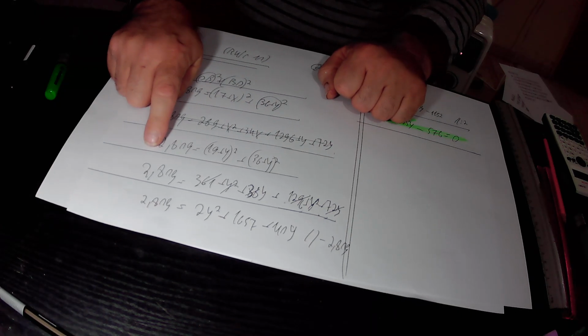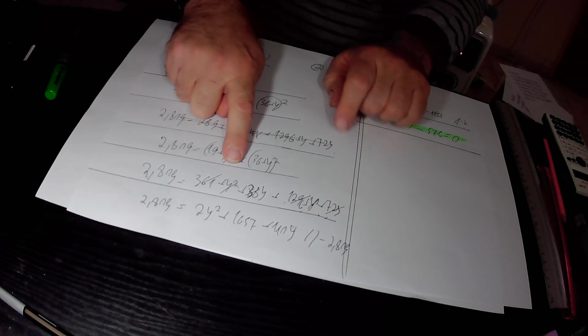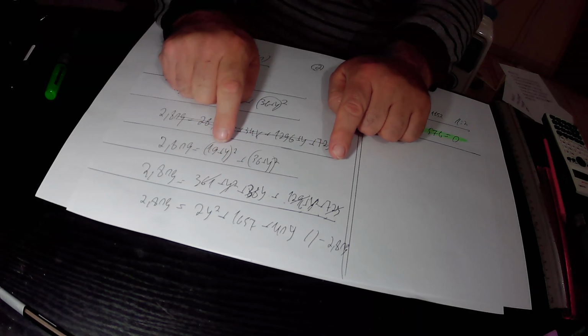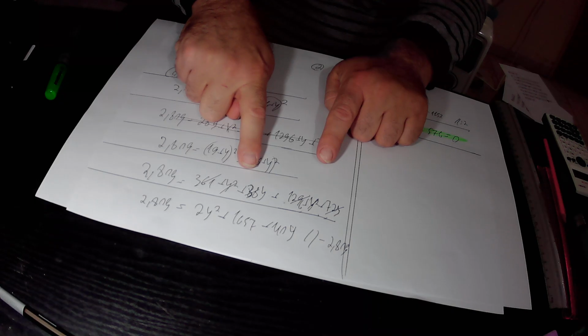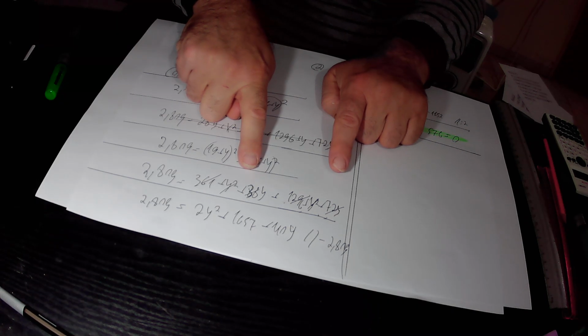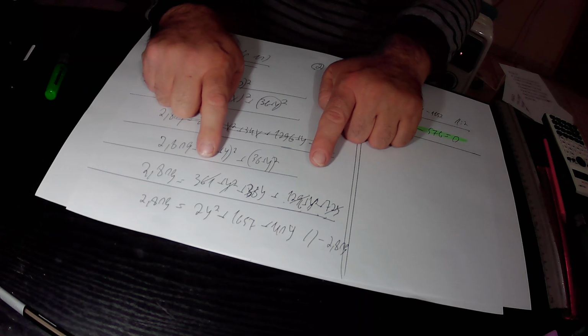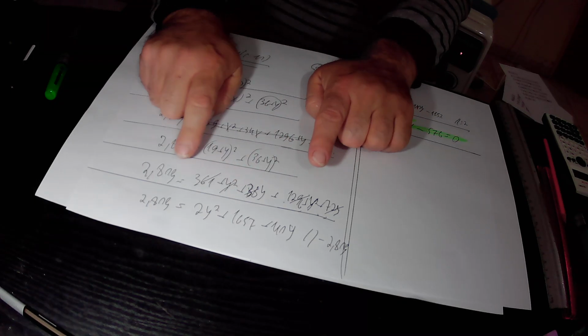So on this side of the equation we have y squared plus y squared, which is 2y squared. We also have 38y plus 72y, which is 110y, and 361 plus 1296 equals 1657.